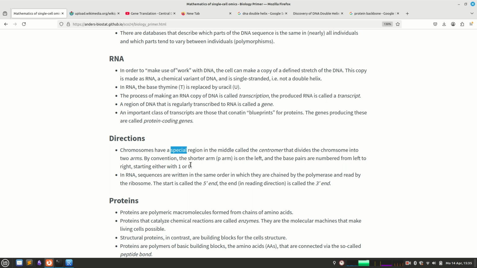This is solved by a simple convention. These chromosomes have a little part in the middle called the centromere. You might remember these pictures from high school where the chromosomes are X-shaped and where they stick together at the centromere, and the arms are not the same length. So we simply say the shorter arm, the petite arm or P arm, comes to the left, and we read the sequence from the shorter to the longer arm.